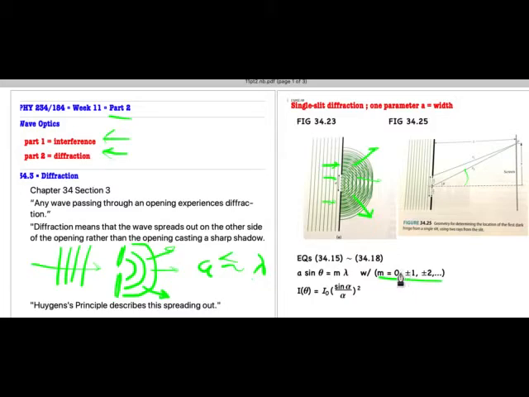So m can be 0, plus or minus 1, plus or minus 2. So you get a series of dark regions.